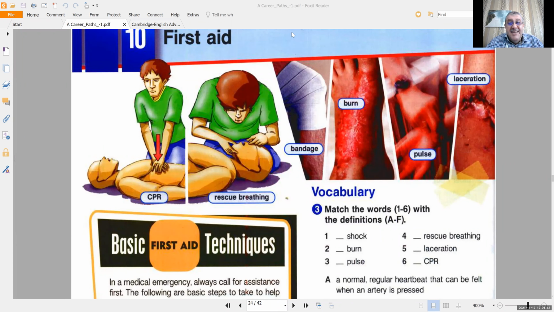Number 4, wash the injury and wrap a bandage around it. So we need a bandage. A bandage. And finally, the nurse used stitches to close the wound.